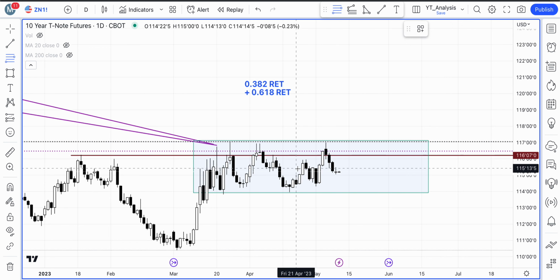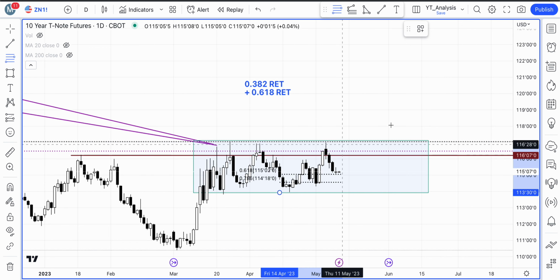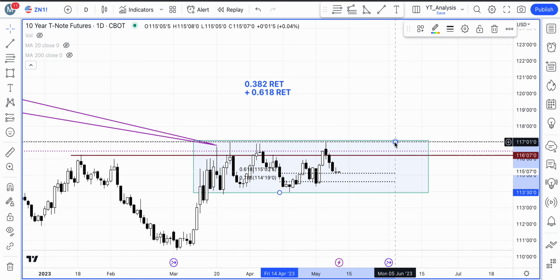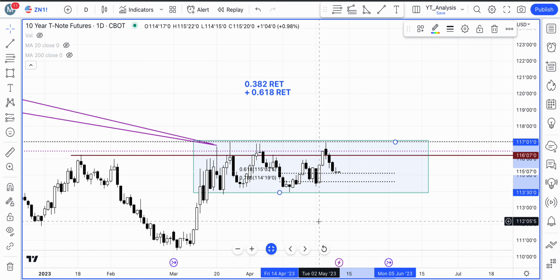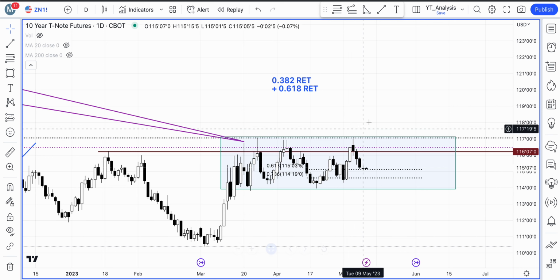And where it is right at the moment, here we go, sitting right at the 61.8% Fibonacci retracement. It's really important that this support zone of 78.6% coming at 114.18 and 115.03, the market is able to actually keep this as a support level.